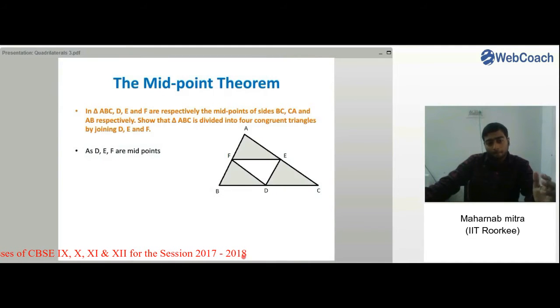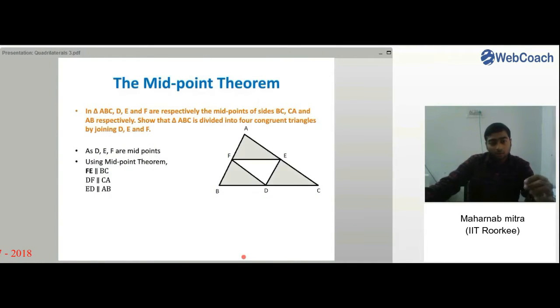As D, E, F are the midpoints, we can apply the midpoint theorem. So FE must be parallel to BC, and why? F is the midpoint of side AB, E is the midpoint of side AC, therefore this line must be parallel to this line, BC, right?